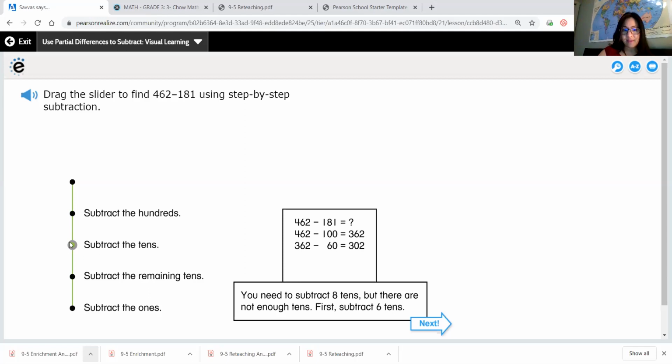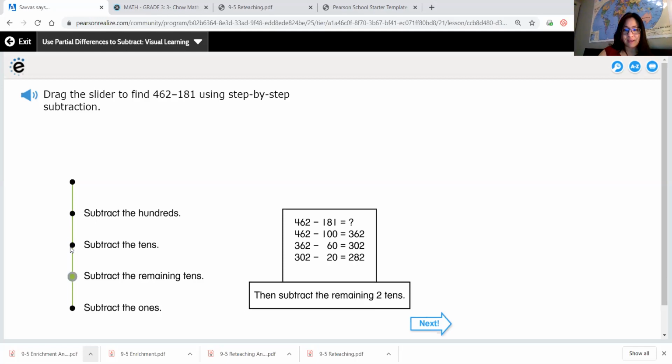And then as we drag the slider down, we see the next step is to subtract the remaining 2 tens. Remember, we were only able to subtract 6 tens, but there were 8 tens that we need to subtract. So after we subtract the 6 tens, that gives us 302.